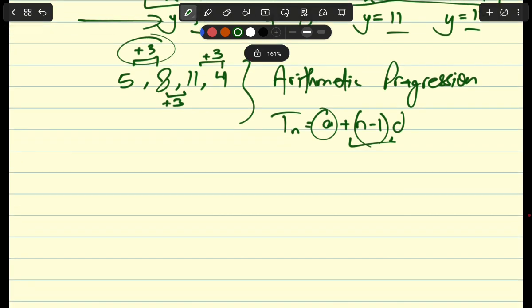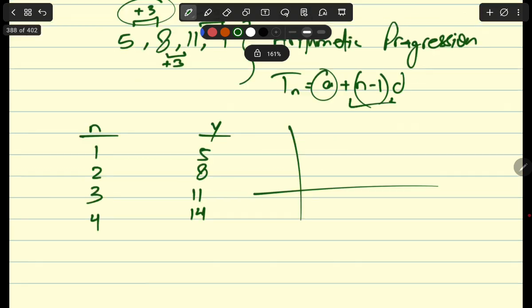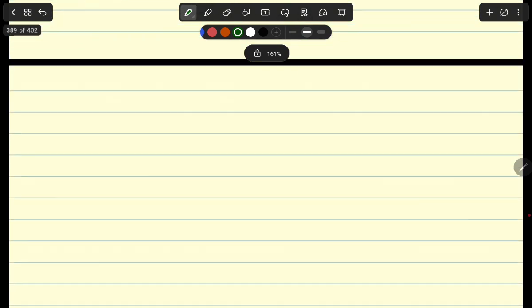Now, if I can just rewrite our input and output again. So instead of x, let me call it n. So 1, 2, 3, 4 gave me 5, 8, 11, and 14, right? Now, what does the graph of y equals 3x plus 2 look like? So I will need a bigger space.